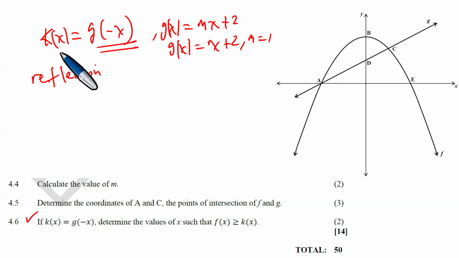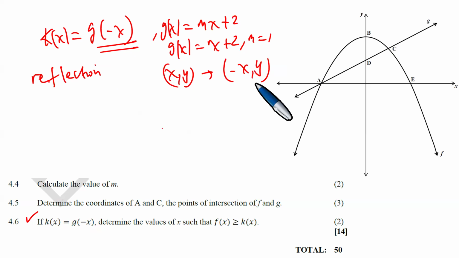Take note of what is happening here: x is becoming negative. So take a point (x, y), and this point is transformed so that x becomes negative. X is becoming negative in g, and that is called k, the new function.